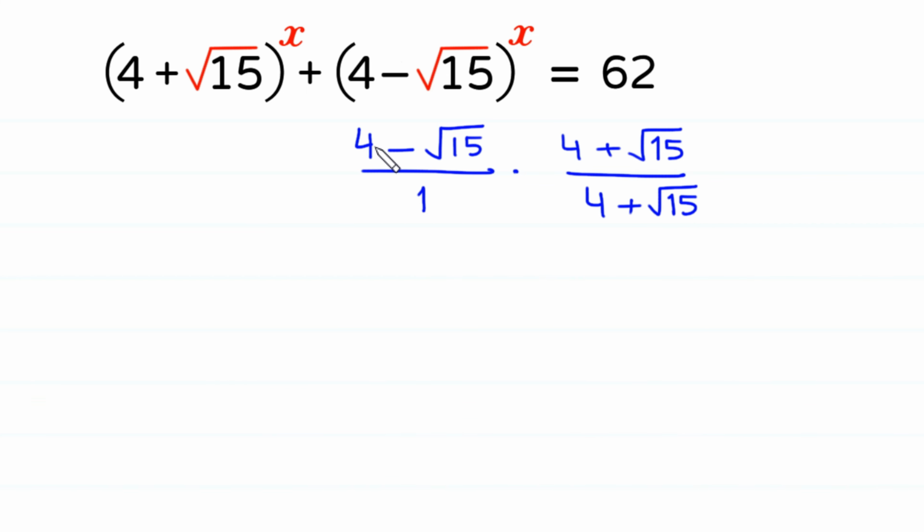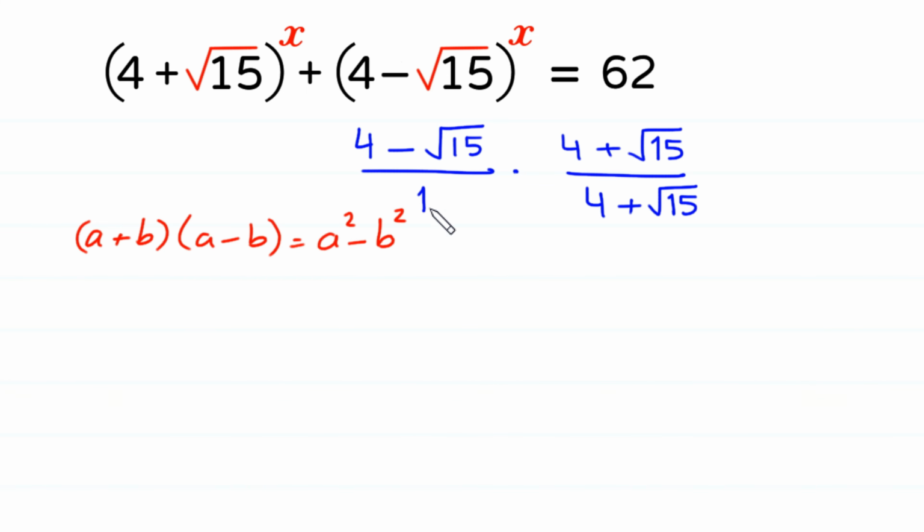Next we multiply this 4 minus square root of 15 by this 4 plus square root of 15 according to an algebraic identity: a plus b times a minus b is equal to a square minus b square.